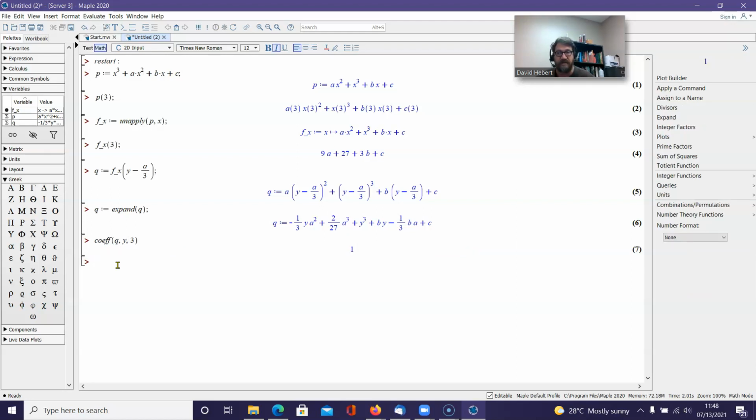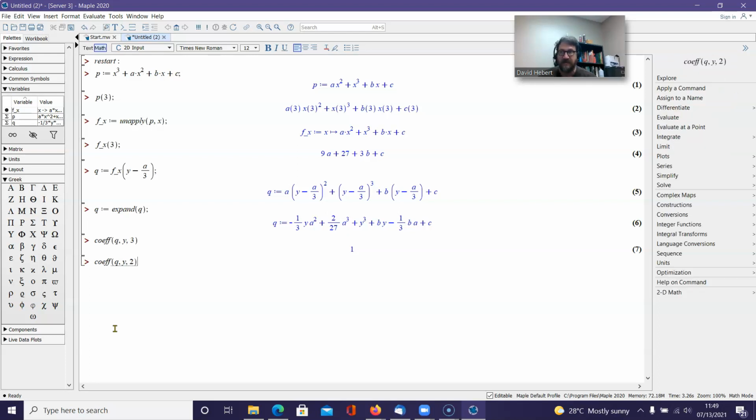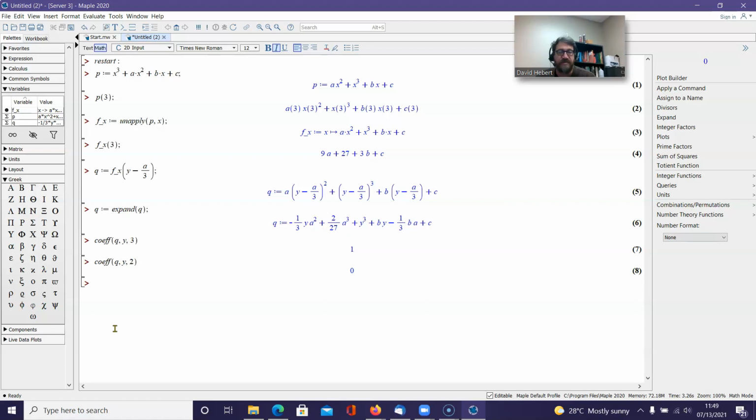I hit enter, and it says 1. So I know I have a coefficient of 1, and if we go up here and do a search, we're looking for y cubed coefficient 1. Now I can do coefficient, the expression q, use the variable y, look for the second degree, and it says, oh, that's 0. So we have successfully suppressed the square term.